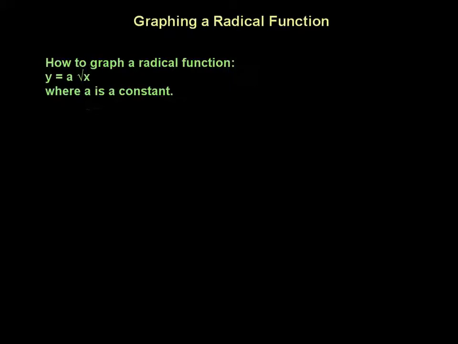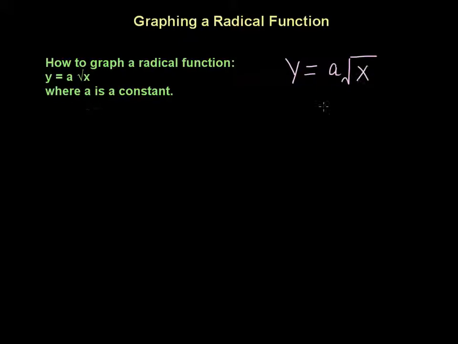So basically, we are going to learn graphing of a radical function. First of all, we will start by choosing a simple radical function, y is equal to a times the square root of x.